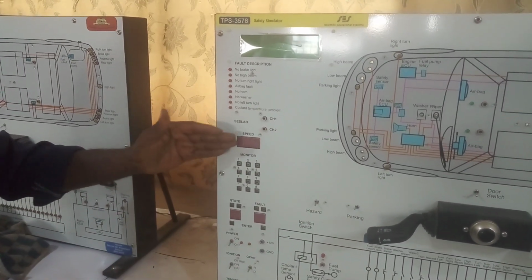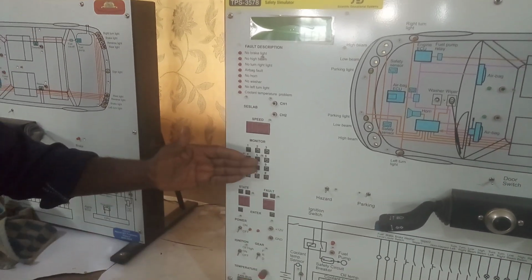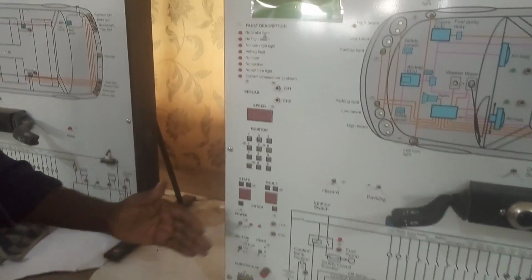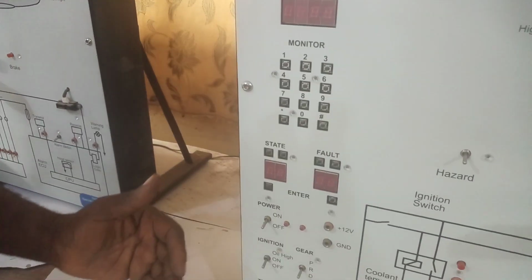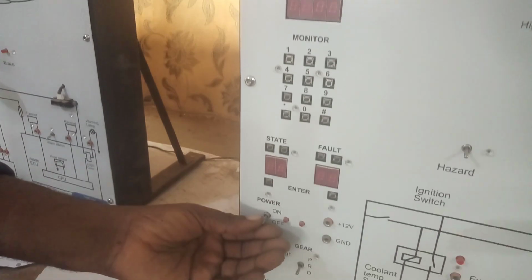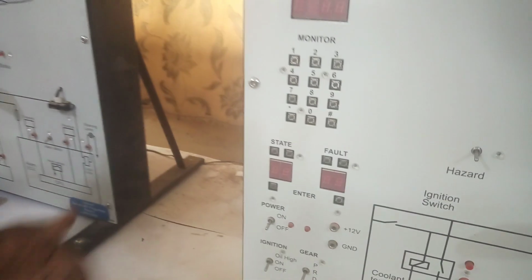We have another unit, the RPM unit here, as the speed unit. We have the monitor keyboard. We have the fault unit and the power unit, where you can put the autotronic panel on for operation.